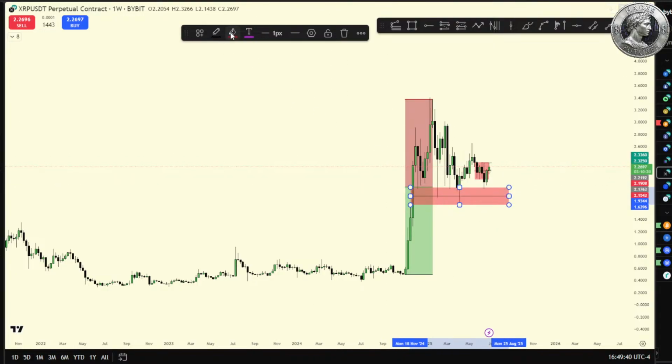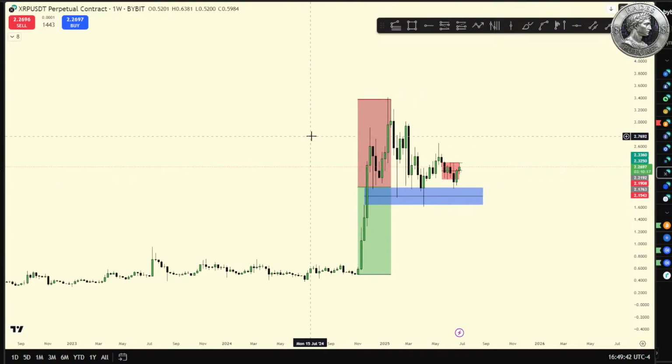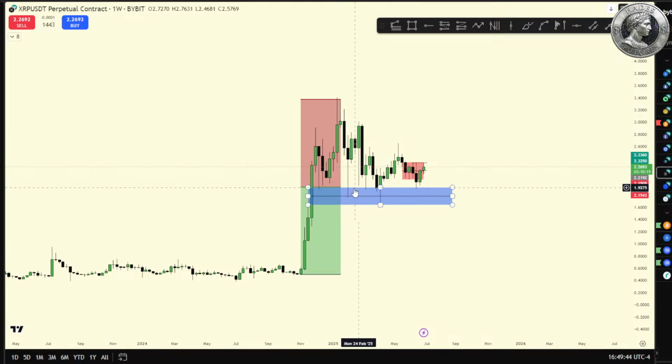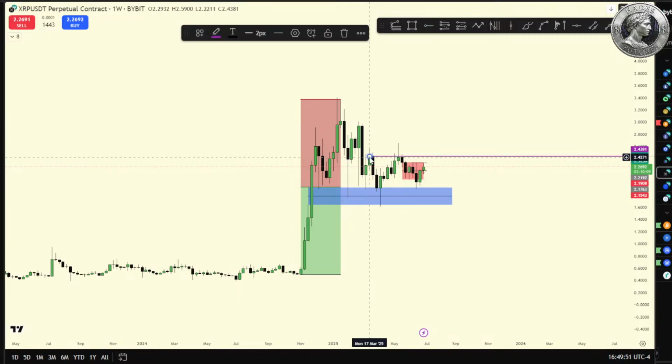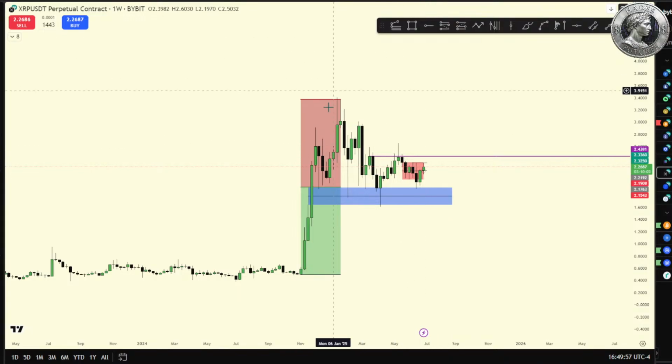So basically we want that gap to stay as it is. And we want a better break of this high here, and close above. That might give a push higher.